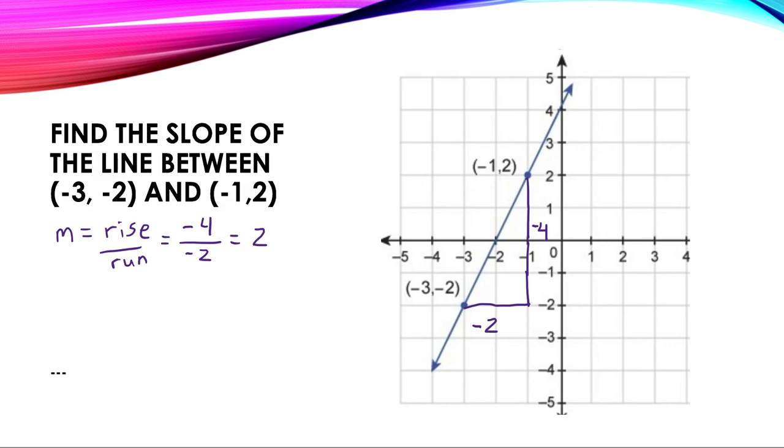If I'm going from the points, I'm starting with the point (-1, 2), and then I have the point (-3, -2). Remember that it makes sense to label these points. And so we have x1, we have y1, we have x2, and we have y2. And that's just going to help you as you plug stuff in to put it in the right place. So I'll write my formula down.